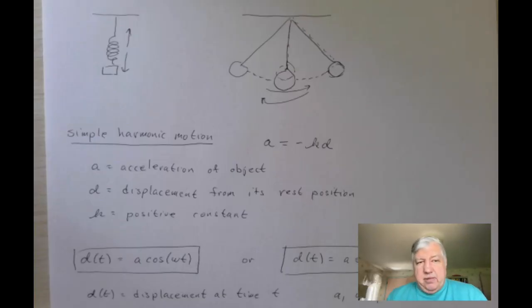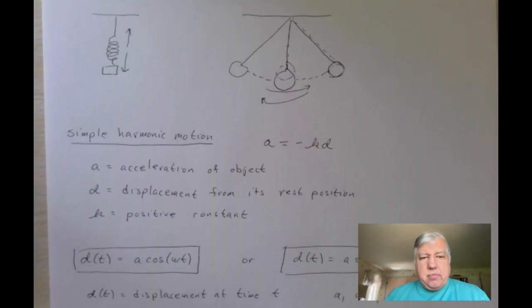The displacement of this object is modeled by an equation where the acceleration is directly proportional to the displacement from the object's rest position. So we have a equals negative k d, where k is a positive constant. Again, you'll see this in differential equations and in physics, so I won't be going over this now.